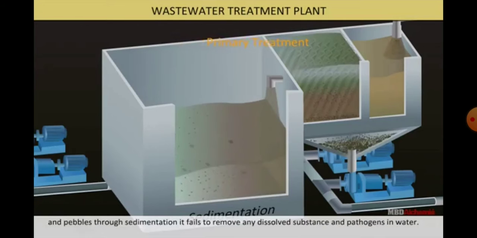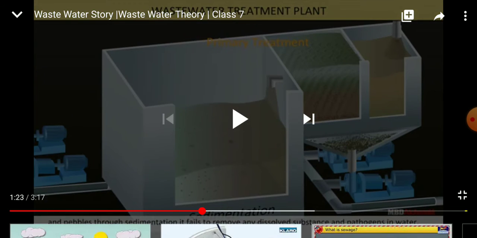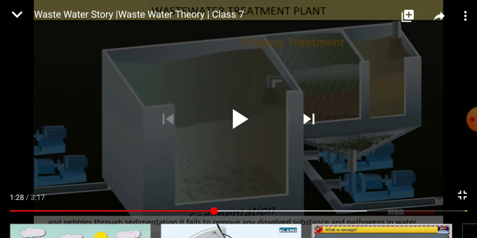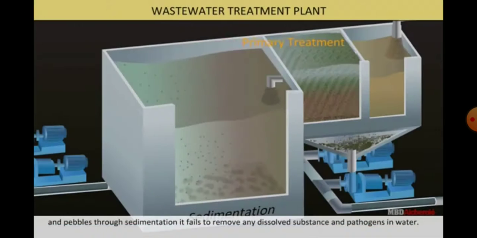Now as you can see, wastewater enters a large sedimentation tank, and solid organic waste such as feces settles down at the bottom of the tank, and light waste such as grease, soap and oil floats on the top.